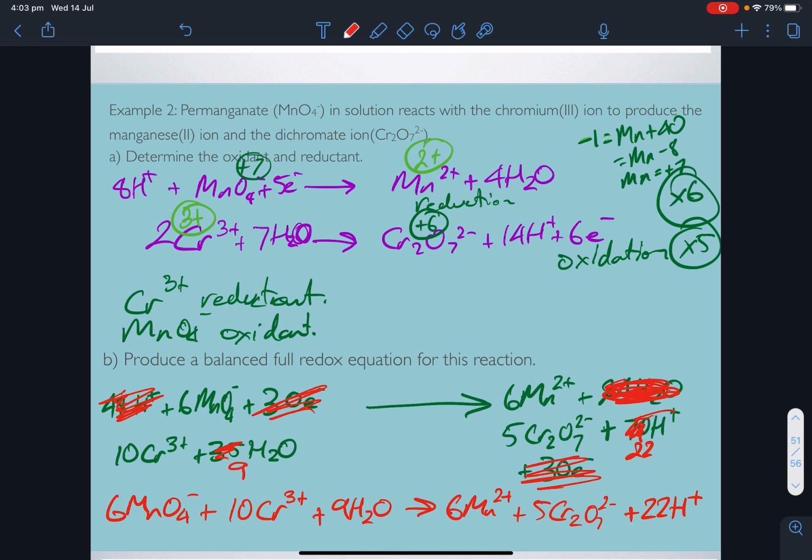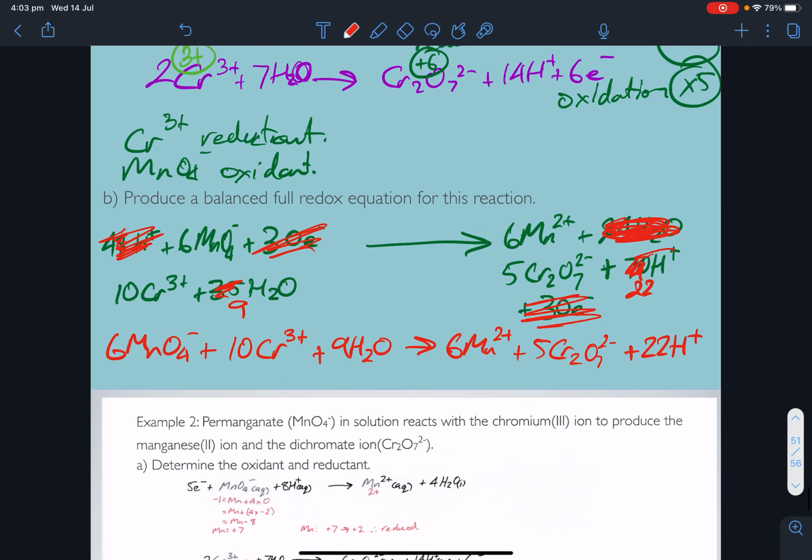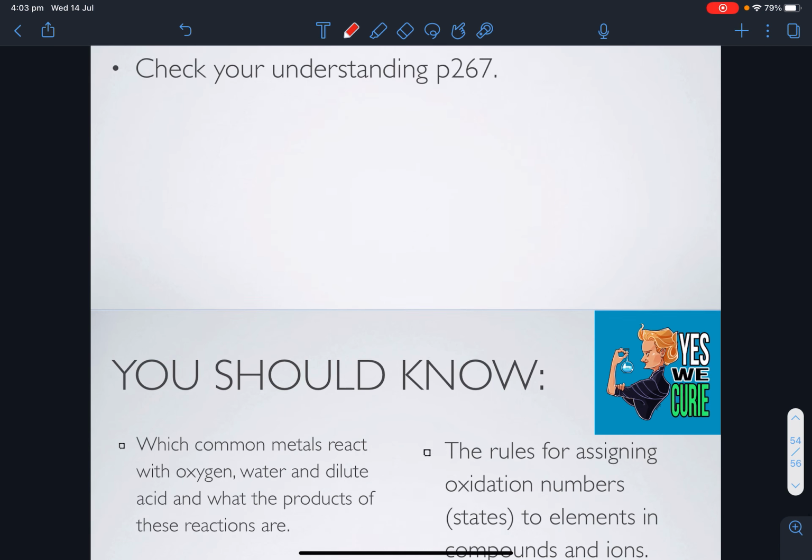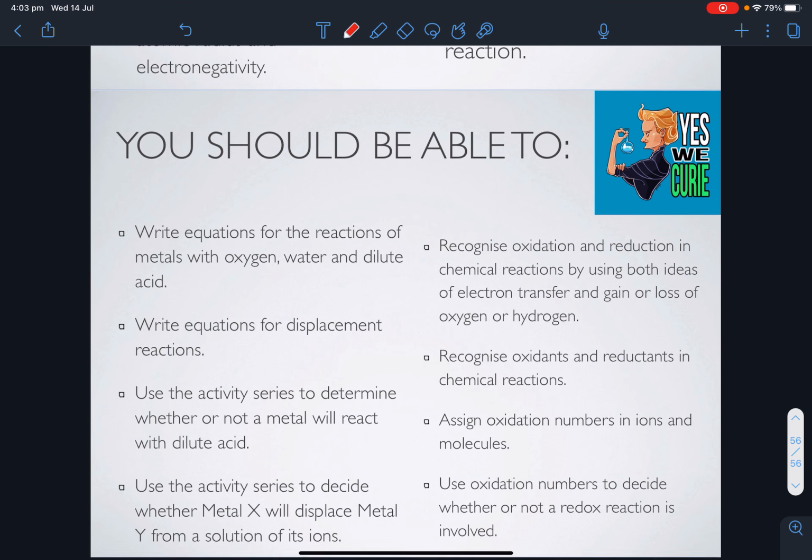I don't think it was any harder, there were just bigger numbers. Alright, I think we've done enough balancing there. You can have a go yourself on that worksheet. And look, there's the end of the chapter.